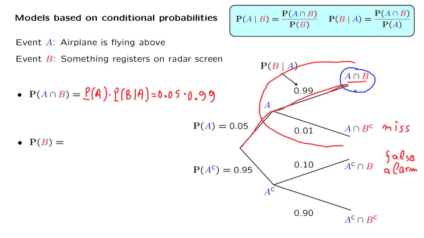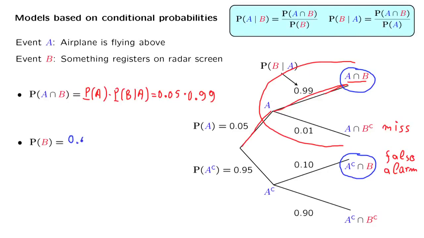And there's another scenario where nothing is up in the sky, but the radar thinks that it sees something. So these two possibilities together make up the event B. And so to calculate the probability of B, we need to add the probabilities of these two events. For the first event, we already calculated it.